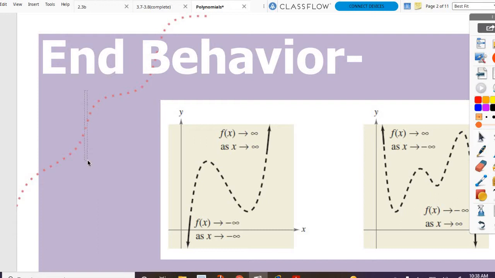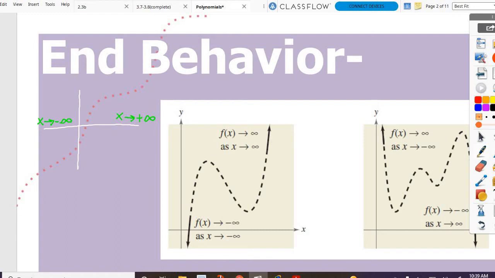Now, remember that when we're talking about an x, y coordinate plane, if I'm on the right side of my graph, what are my x's going towards? Right, so this would be x, and then we just draw an arrow, going towards positive infinity. If I'm on the left side of my graph, what is x going towards?